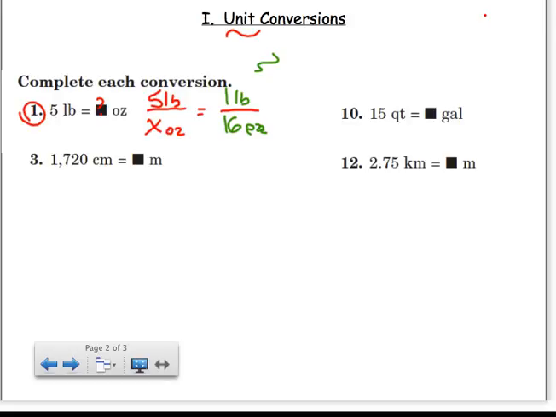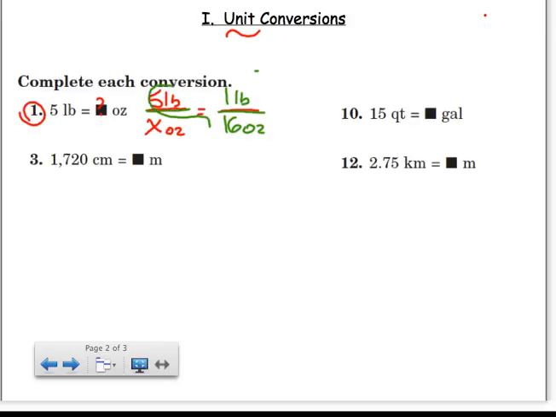I'm going to clean that up. And so now I have a proportion that says 5 pounds over X ounces equals 1 pound over 16 ounces. And so that's my proportion. Now I need to solve it.